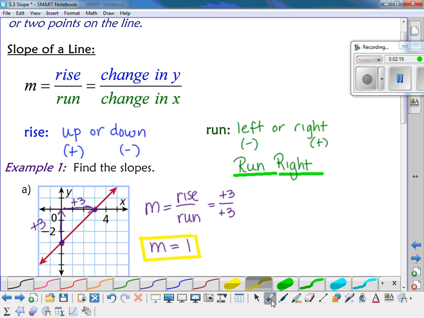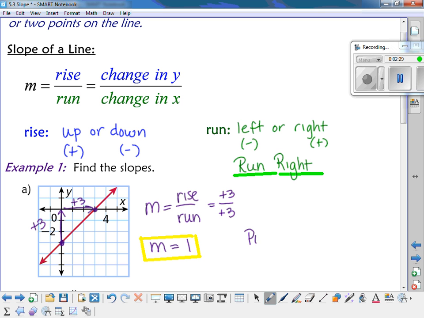Okay? So you notice we ended up with a positive number, right? And as you look at the slope, a positive slope, it rises as you go left to right.